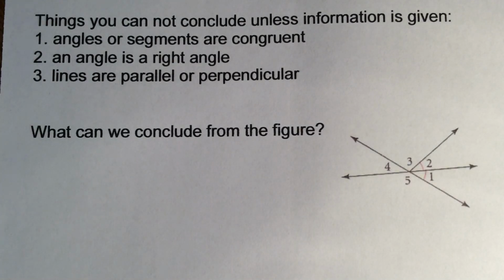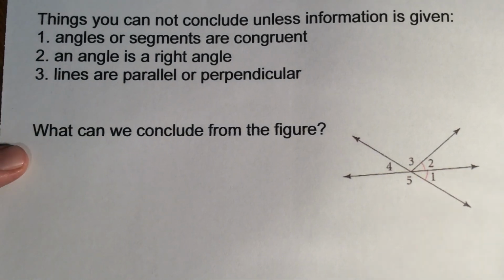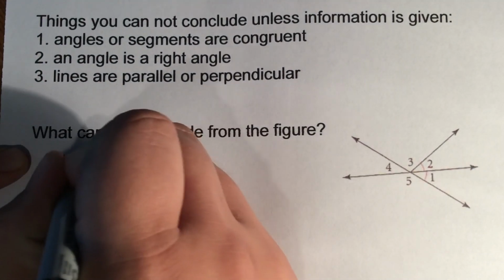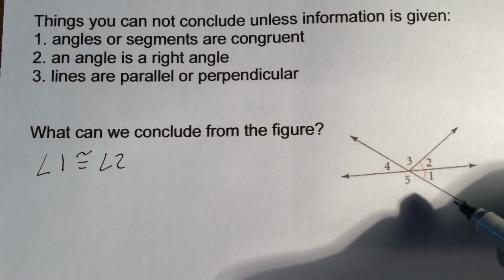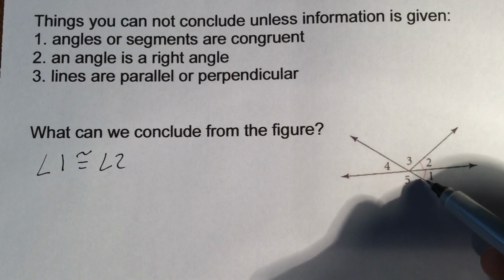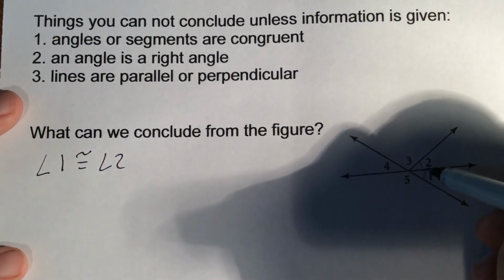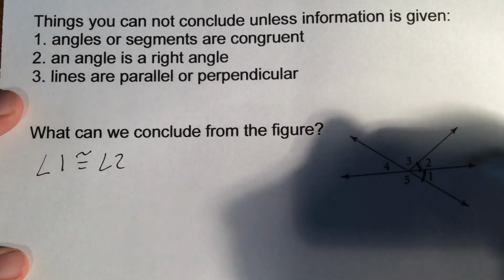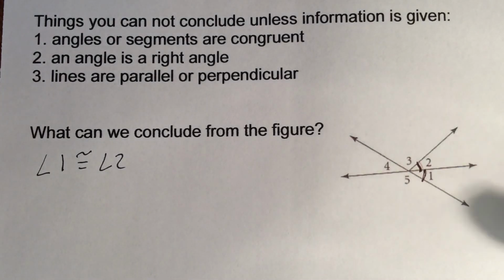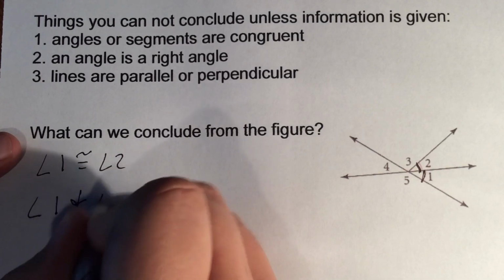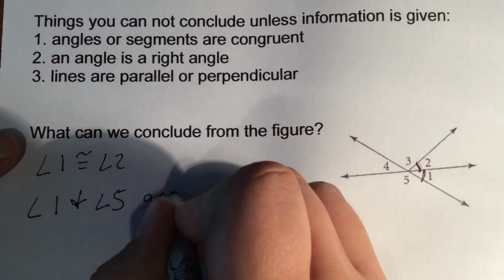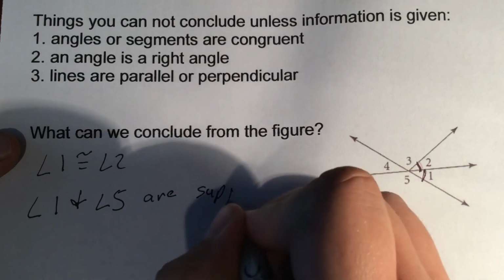So, what are some things that we can conclude here? Well, we know that angle 1 is congruent to angle 2 because they have the markings. Remember, these tick marks here mean congruent. We could say that angles 1 and 5 are supplementary.